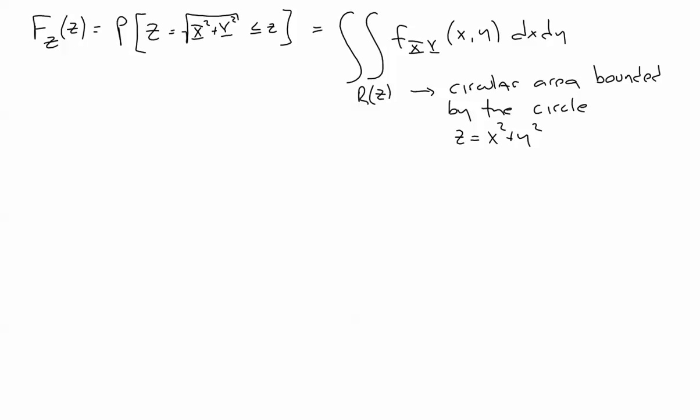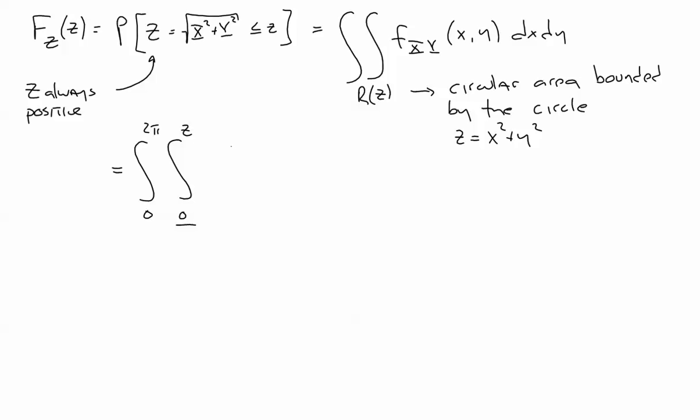Let me start over here on the right hand side. This can be written in polar coordinates as integral from 0 to 2 pi, integral from 0 to z. And by the way, you'll notice here that z, in this case, is always positive. All right? That's why I'm going to integrate radially from 0 up to z.